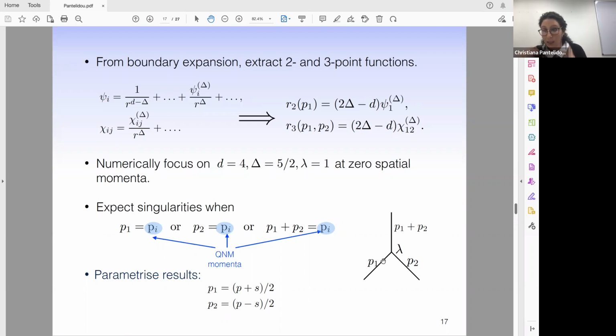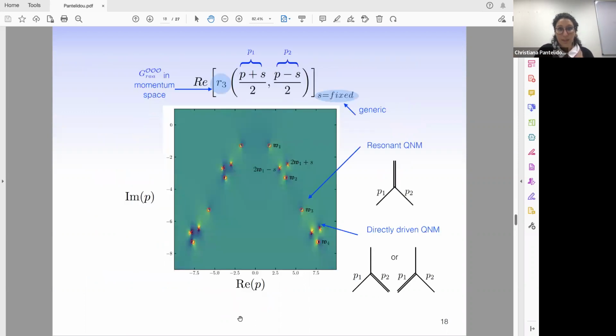In the plots that I'll show you on the next slide, we essentially fix S to some value, and then I'll be plotting this retarded 3-point function on the complex P plane. Okay.